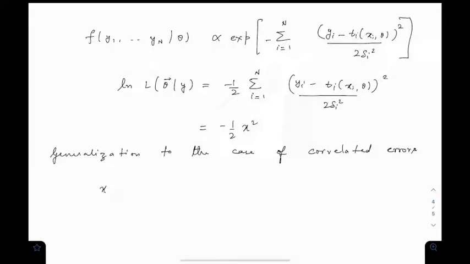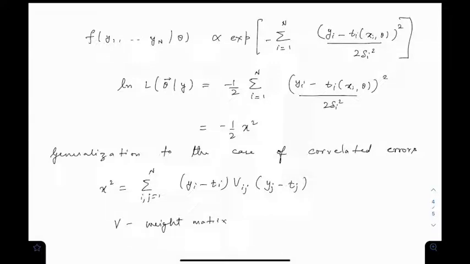In which case chi-square is given by a matrix multiplication, where V, which is known as the weight matrix, is the inverse of the covariance matrix.